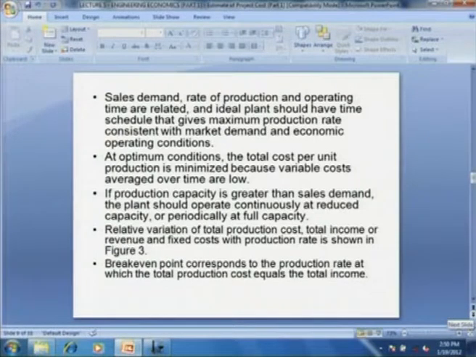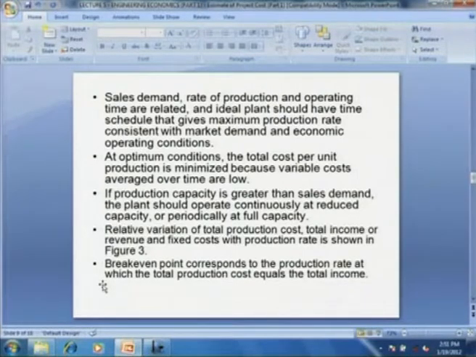The rate of production and operating time are related. An ideal plant should have a time schedule that gives maximum production rate consistent with market demand and economic operating condition. At optimum condition, the total cost per unit production is minimized because the variable cost averaged over time is low. Now sales demand, rate of production and operating time are very closely interrelated.